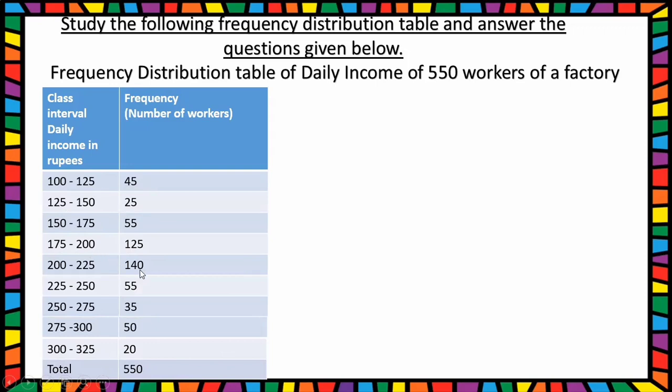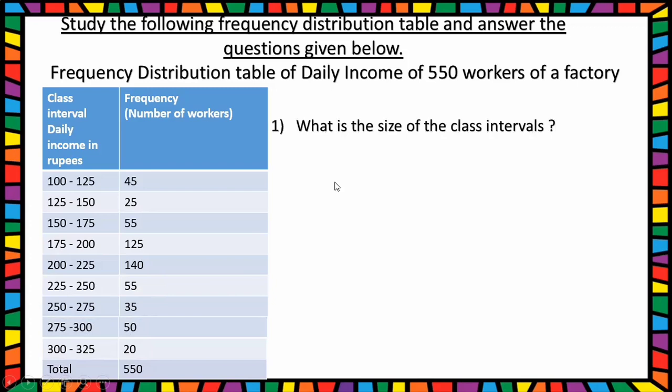Then 140 are getting 200 to 225, and 55 are getting 225 to 250, and 35 are getting 250 to 275. 50 are getting 275 to 300. 20 are getting 300 to 325. Total 550 workers.